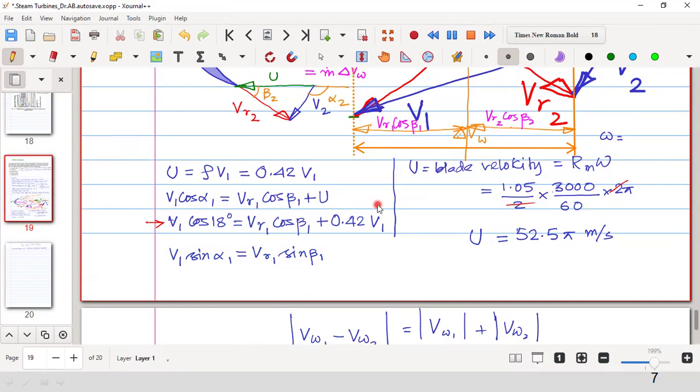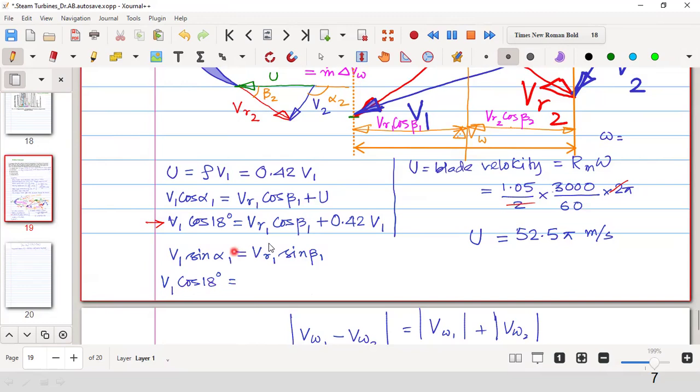So it will be V1 cos 18 is equal to what is VR1?